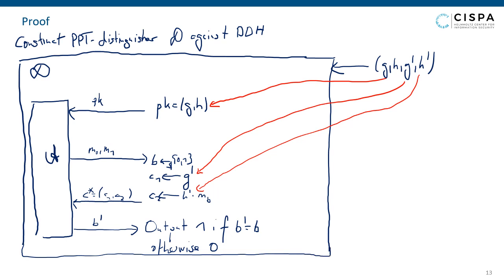Okay, this is our distinguisher D. Now we will have to argue that this distinguisher, in fact, has an advantage against the DDH problem. To do this, let's of course again distinguish cases. Case 1.